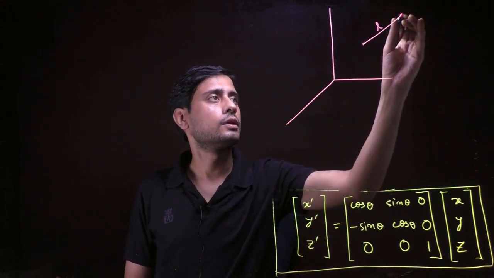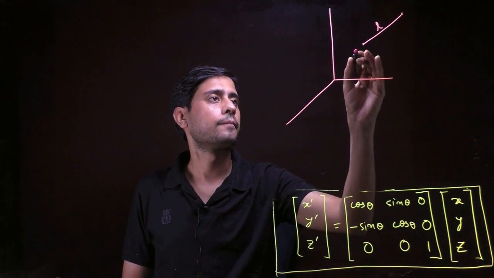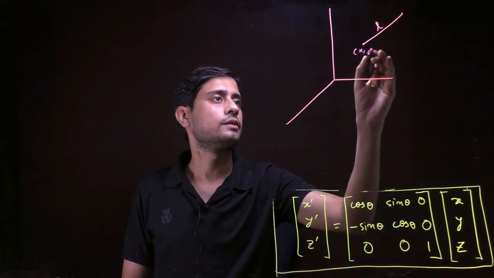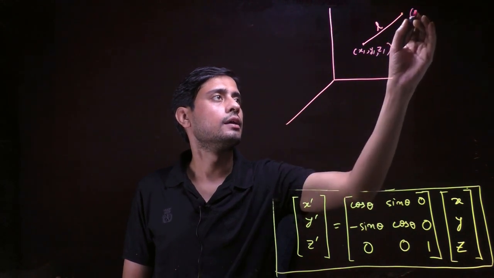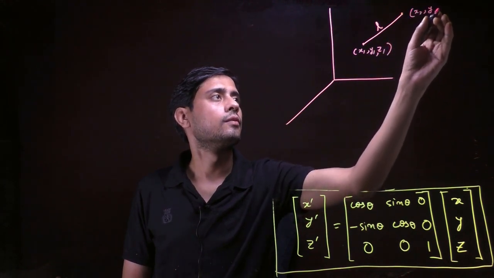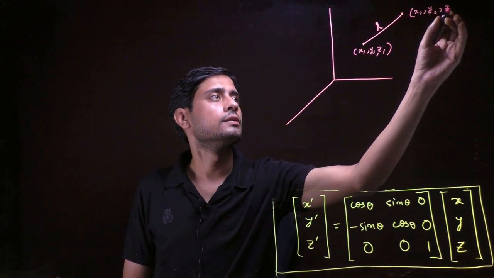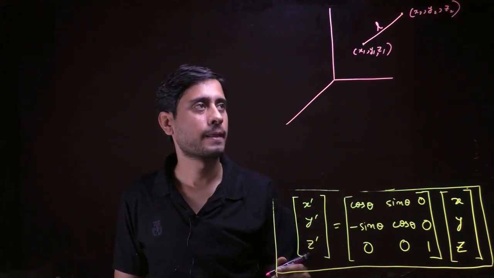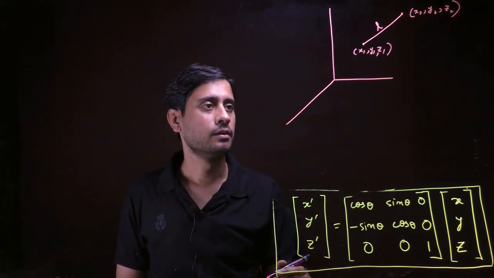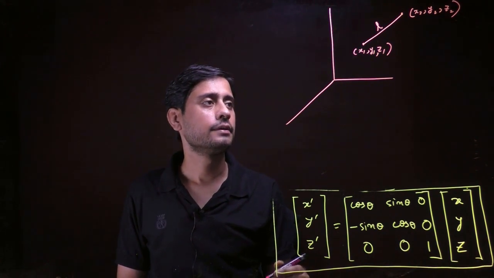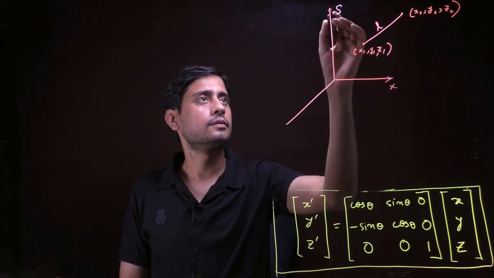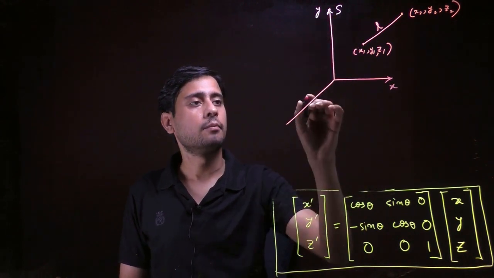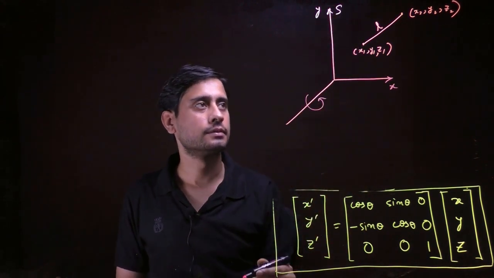Now the coordinates of the points are x1, y1, z1 and x2, y2 and z2. What will happen if we rotate this coordinate system about the z-axis?